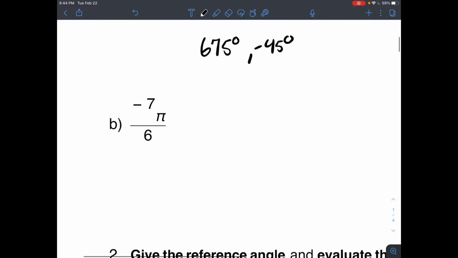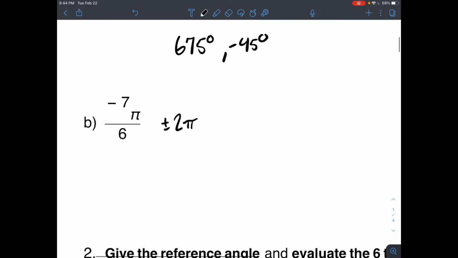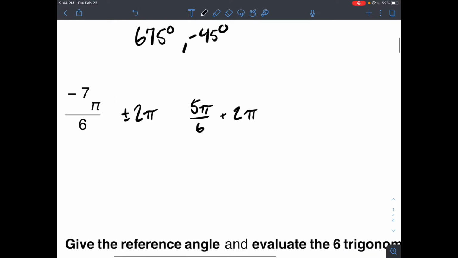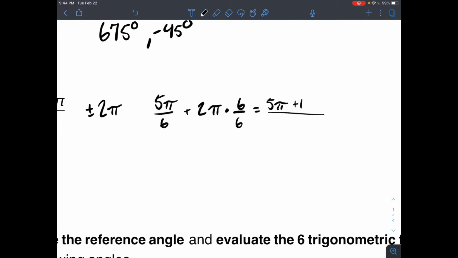At 7 pi over 6, if we add 2 pi, you are going to get what? This is going to be 5 pi over 6, and then if I add another 2 pi to this, because you could just keep adding and adding 2 pi's, we could get, think about this, if we go 6 over 6, we'll have 5 pi plus 12 pi over 6.